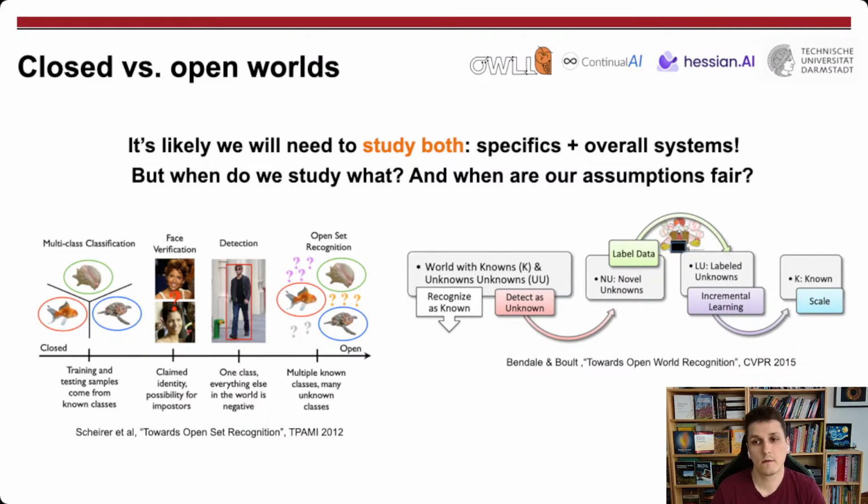Like I just said, one of the really interesting questions is how much do we study overall systems and how much do we study the specifics? In a sense, this also comes down to the question of how much we emphasize applications versus how much we emphasize theory and the fundamentals of machine learning. Obviously, I think it's extremely important to study both, but it's not so clear when it comes to applications when we study what.